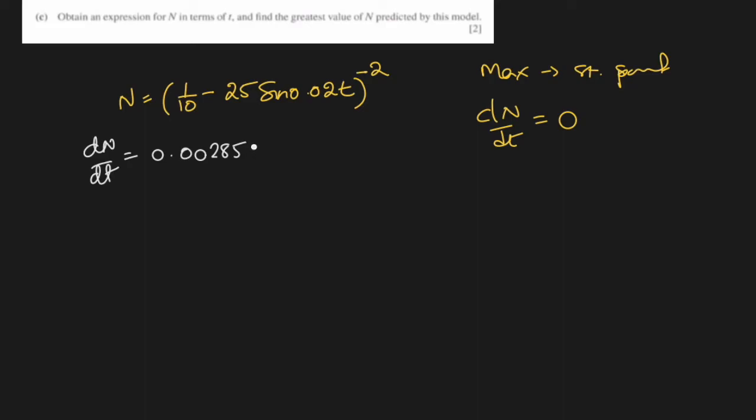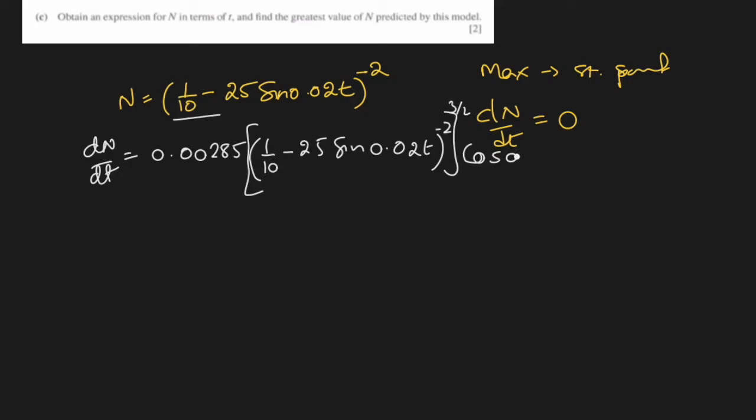And then n to the power, this is n, and (1/10 minus 25 sine 0.02t) to the power minus 2, and this whole n to the power 3 over 2, and then cos 0.01t. This is dn over dt, we have to make it equal to 0. 0.00285 cannot be equal to 0, so gone. This can be, so let's try it here.